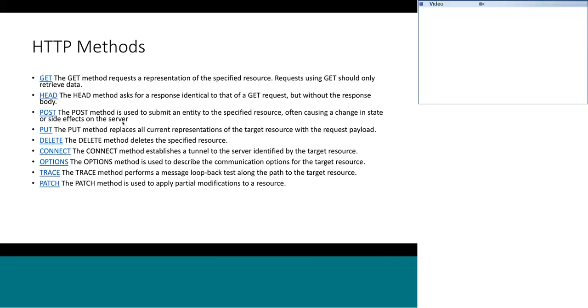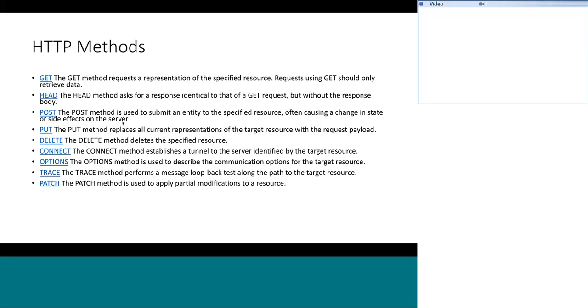POST can also be used to retrieve data from the sources. POST is a little different from GET, because GET can only get the data, while POST can both get and post the data. POST is used to make it more secure, because you cannot cache POST responses, whereas you can always cache GET responses. So where security matters, you try to use POST.